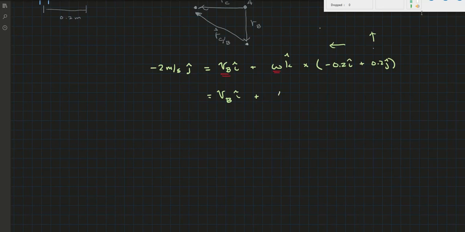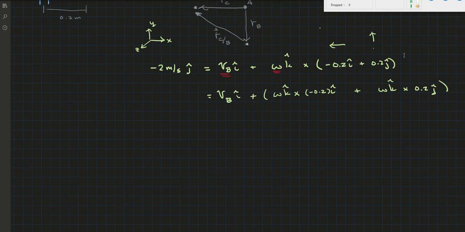So this is omega times 0.2. Now this is k. So think of our axes again. So this is k cross i. So k cross i, that's going to give us a positive j. So this is positive j, but there's a negative on our 0.2. So this is a negative value. Let me write this out.